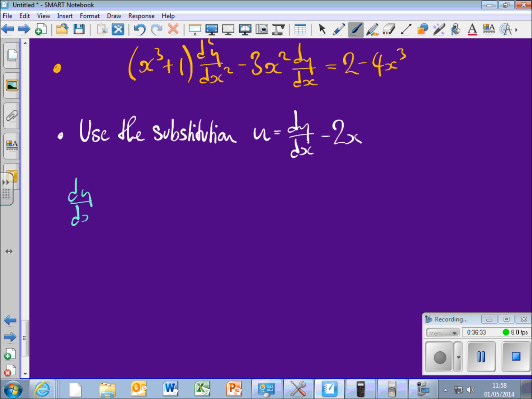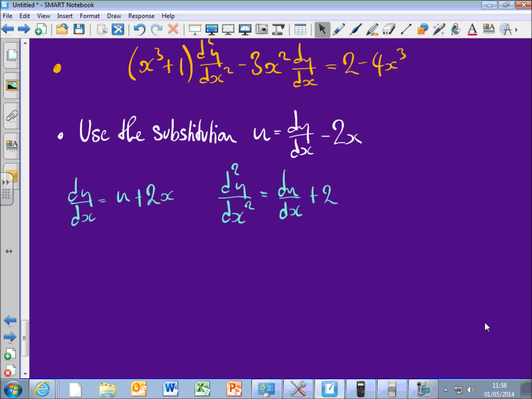Yeah. dy/dx equals u plus 2x. Do the second differentiation, because you got the second differentiation up here, Charlie. Yeah. What's the second differentiation? du/dx plus 2. Yeah. And then I'm just going to sub dy/dx and d2y/dx squared into this thing up here, right?